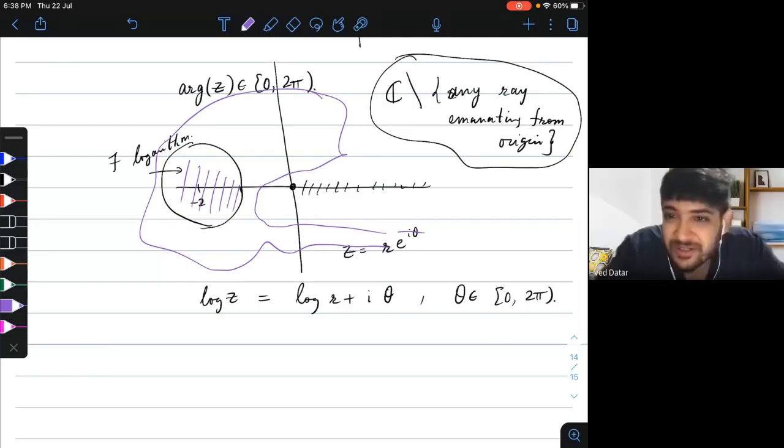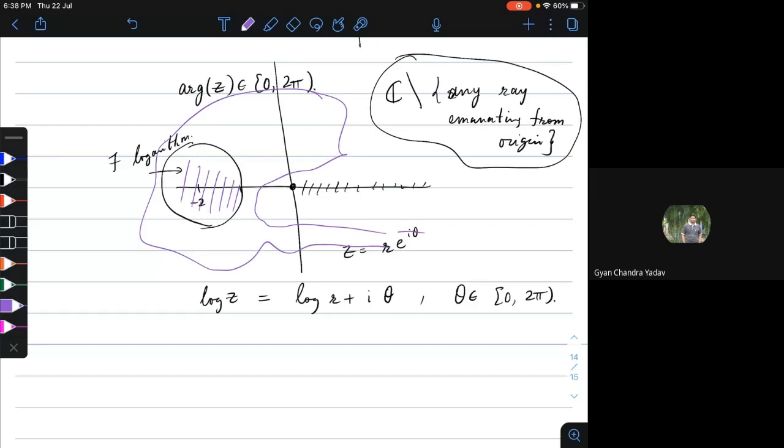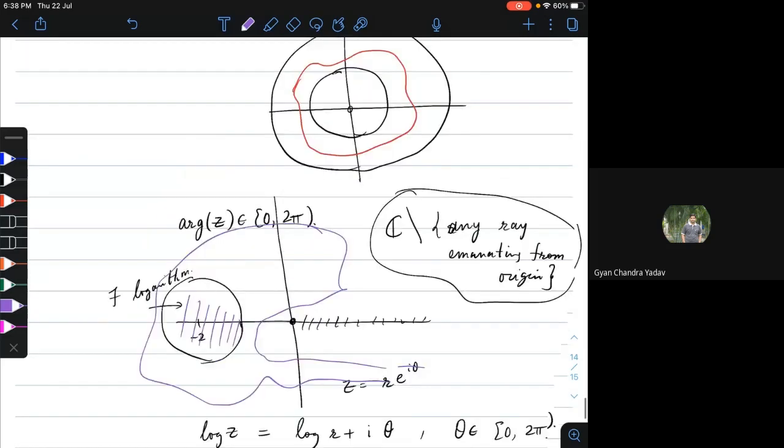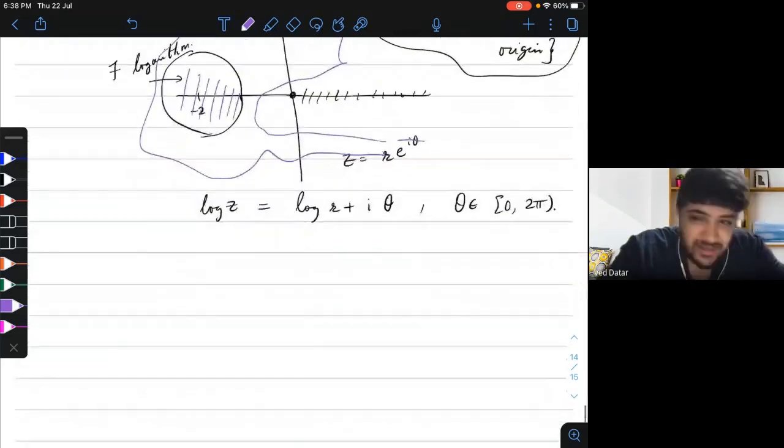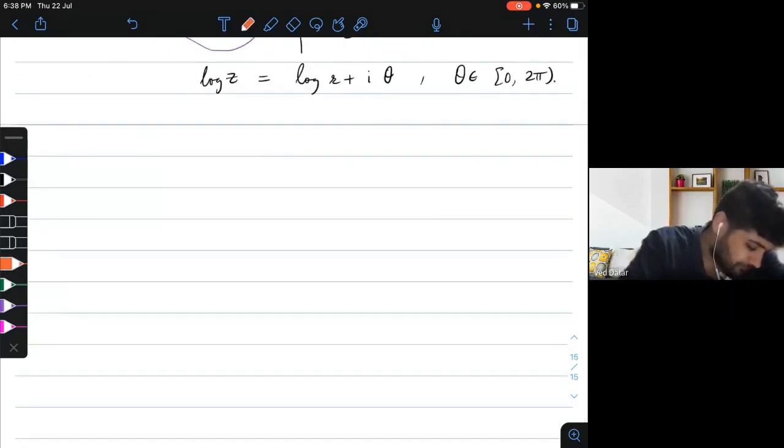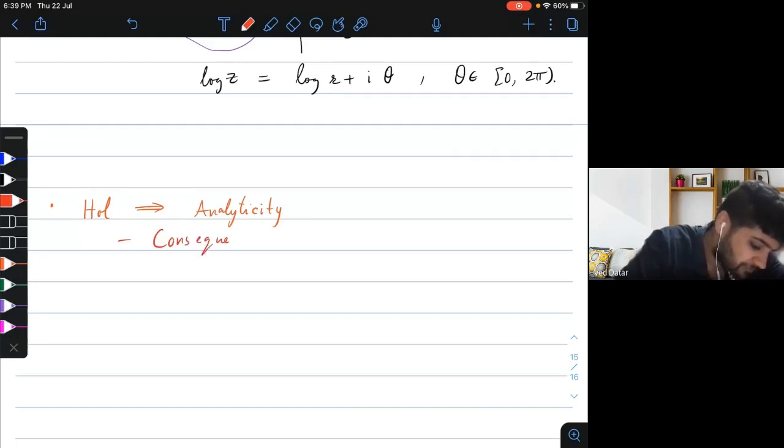Sir, which theorem proves that holomorphic functions are analytic functions? I don't think it has a name, but holomorphicity implies analyticity follows as a consequence of the Cauchy integral formula.